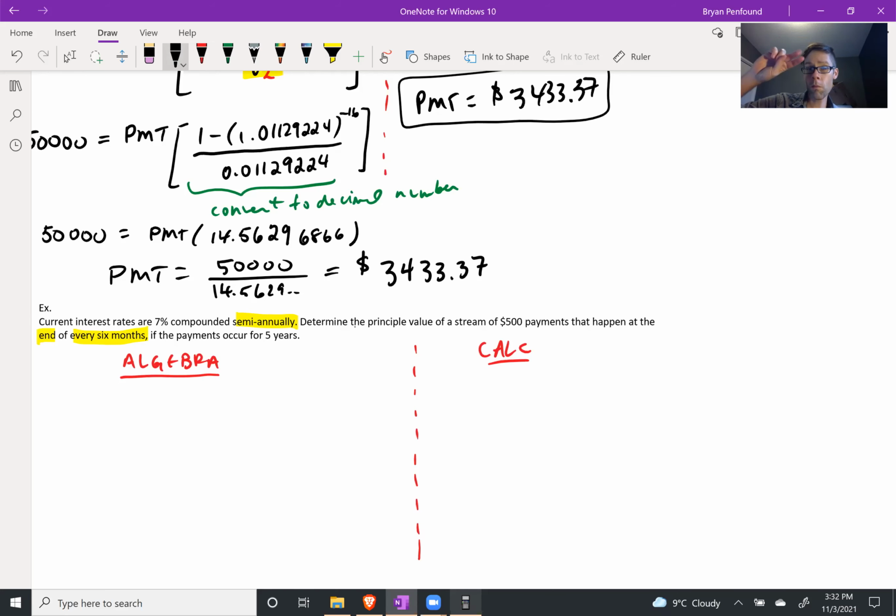So semi-annual means 2 times per year. So that's our compounding structure. Our compounding frequency is going to be 2 times per year. What's our payment structure? How many payments per year do we have? Yeah, there you go, Fiona. You got it now. This is going to be a simple annuity. Yeah, simple and ordinary.